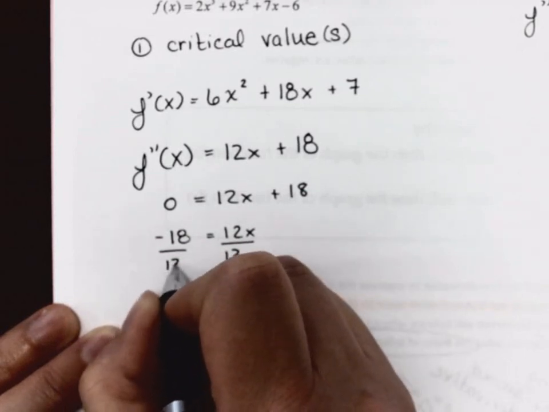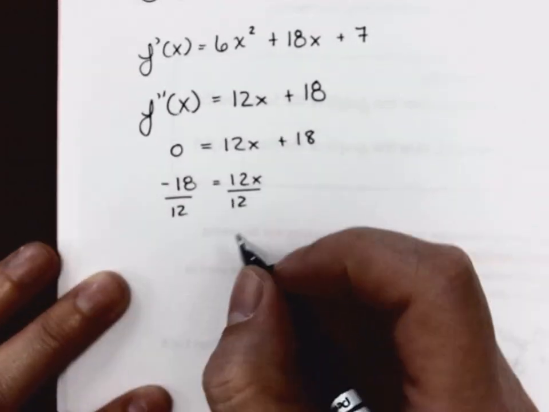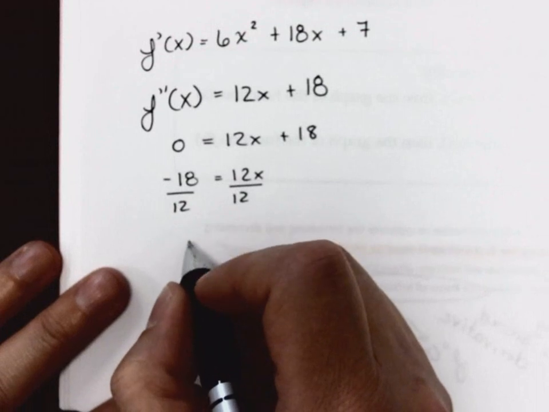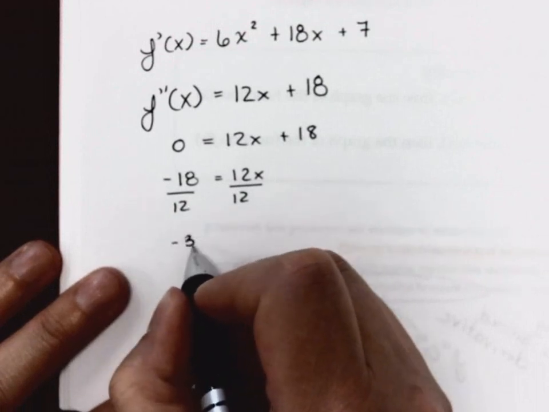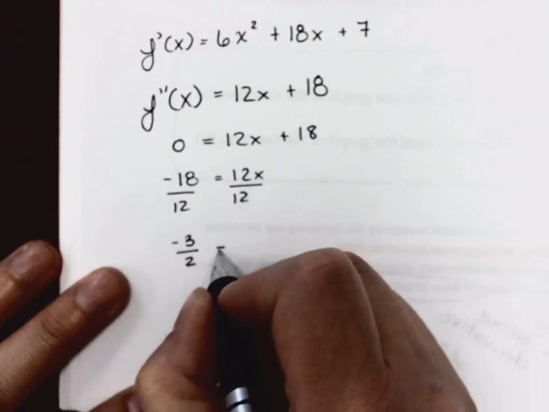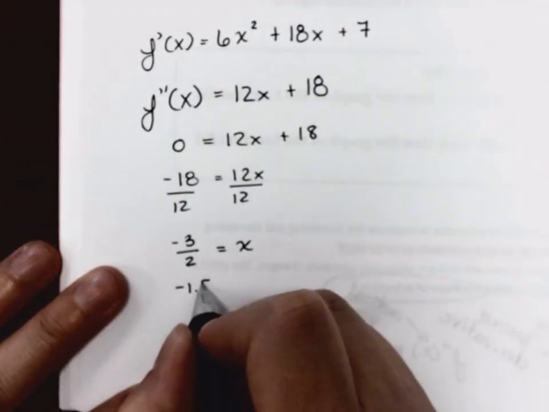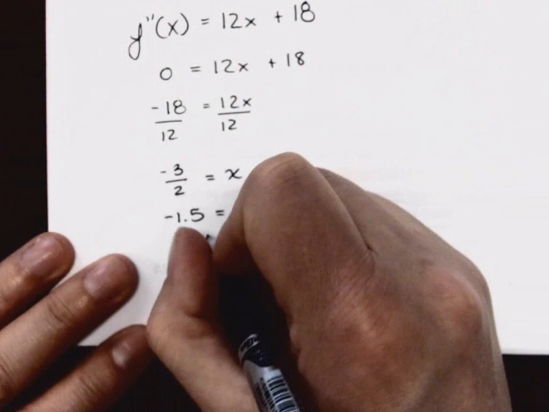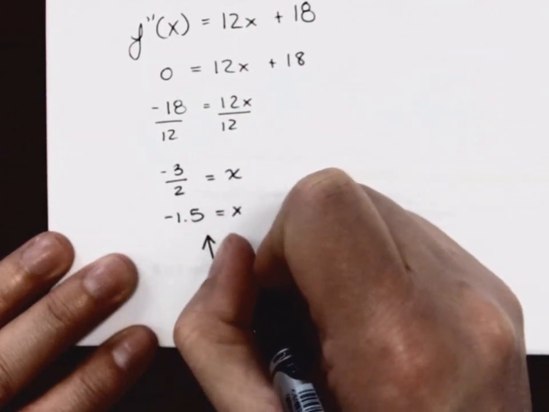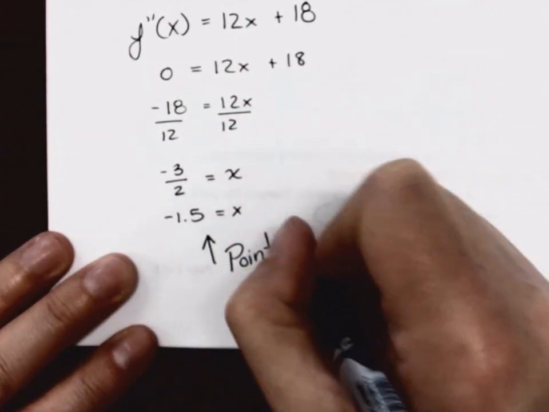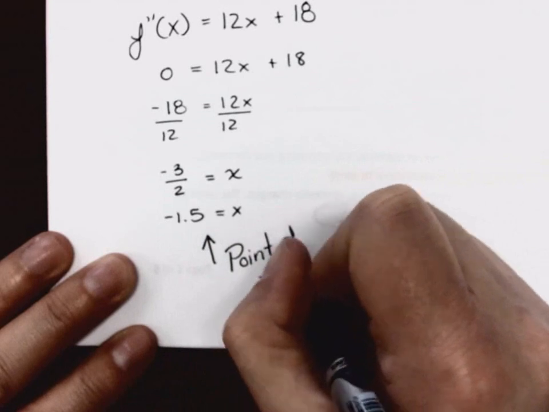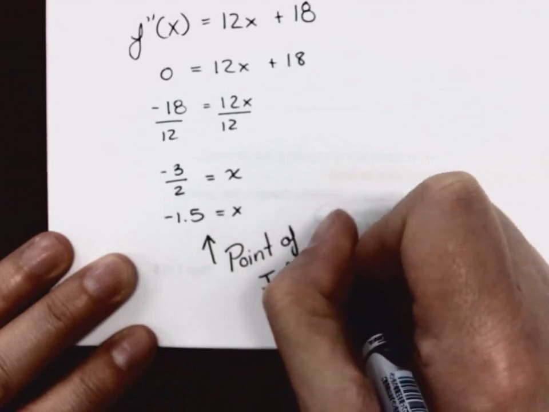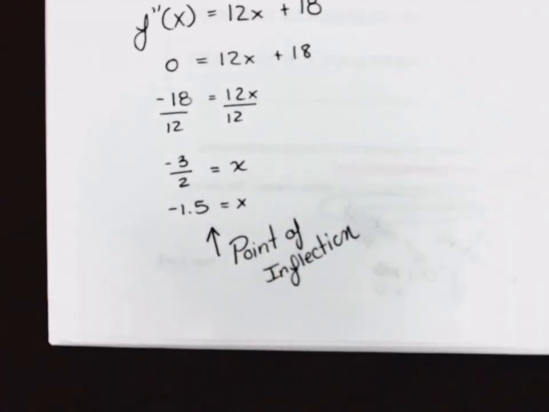If I take 6 out of both of those, I'm going to be left with negative 3 over 2. So negative 1.5 if we don't want to use fractions. So that's your point of inflection.